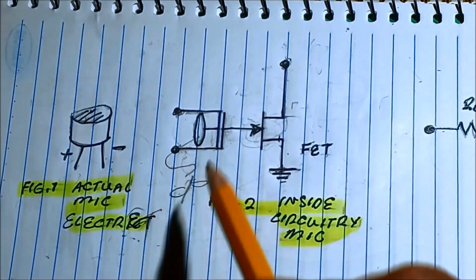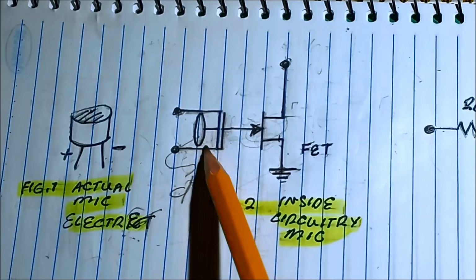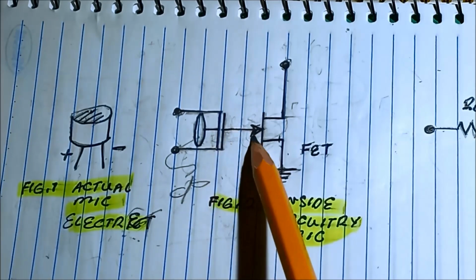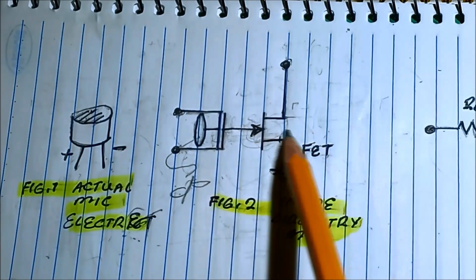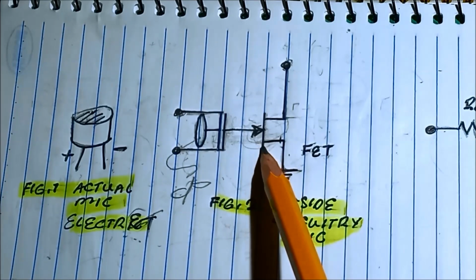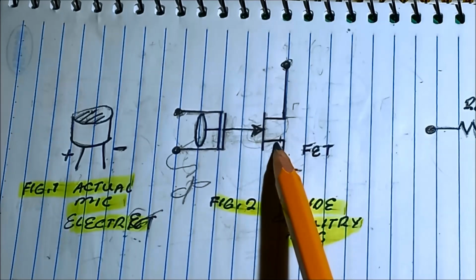When we capture the music, the diaphragm moves and creates a vibration, creating an electrical current, sending it to the gate of the field effect transistor, driving this transistor in an active region as an amplifier. Okay?